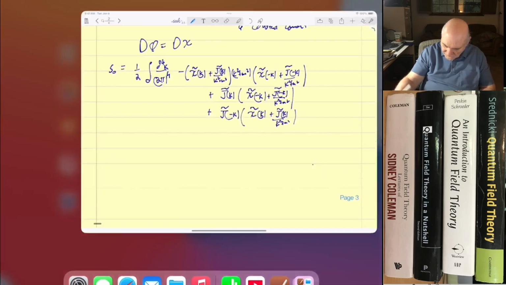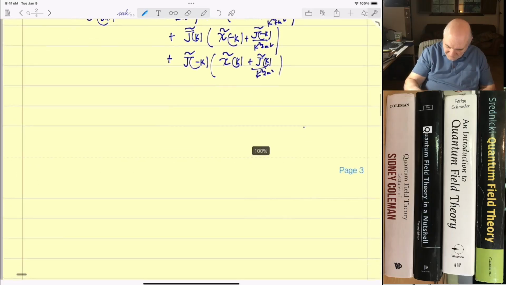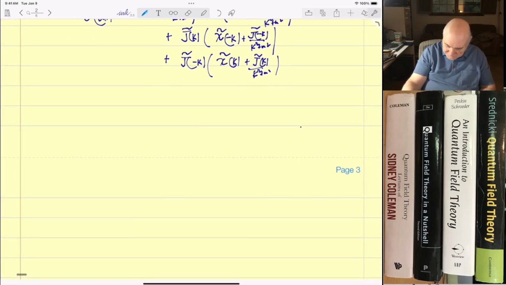If you do that and you carefully multiply everything out, you get exactly what's in the textbook, obviously.